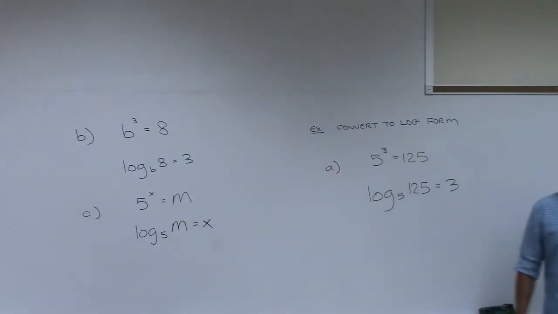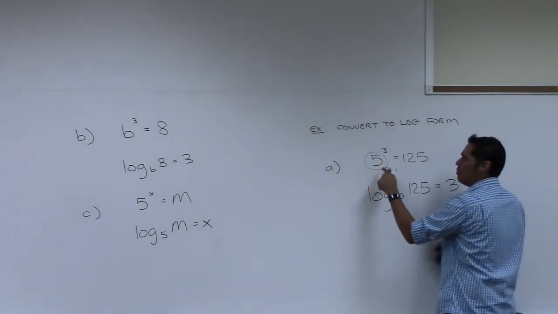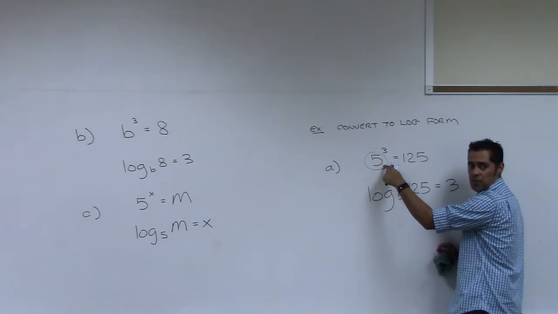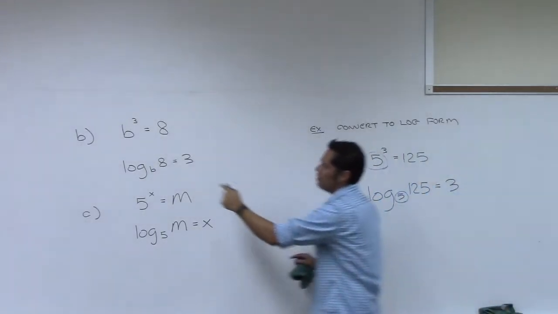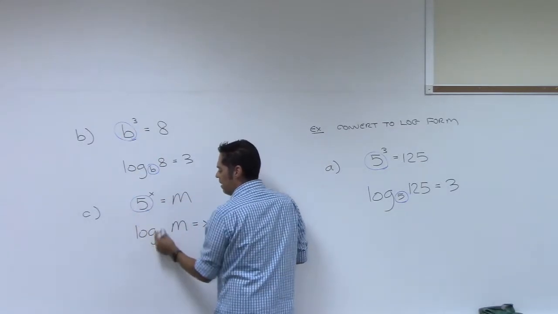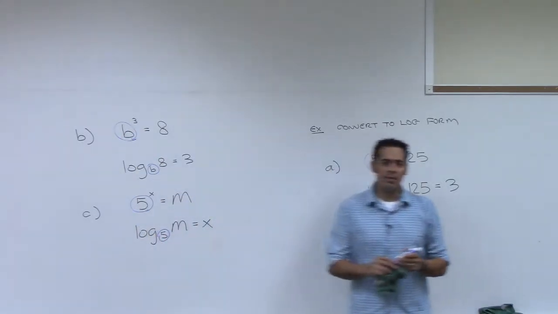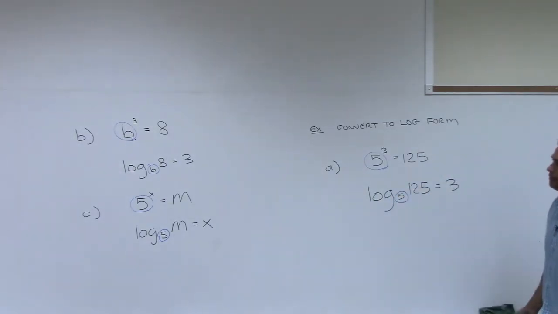So notice that in every single one of these examples, whatever the base of the exponential function is, is the base of the log. So if the base here is b, that's the base in the log. If the base here is 5, that's the base of the log. So that always carries through, no matter what example you're doing.